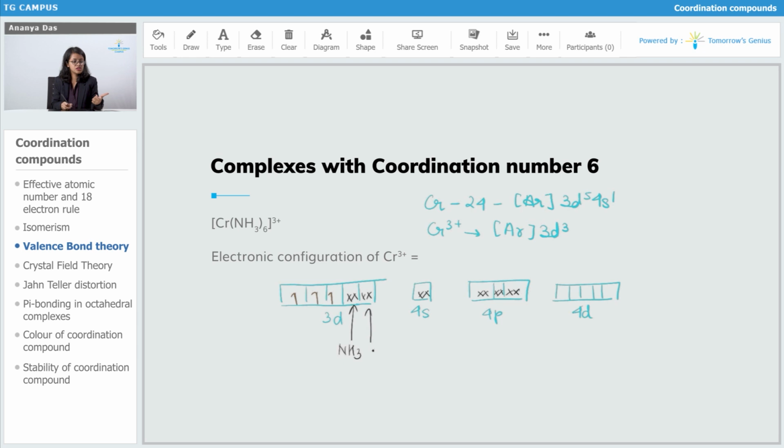So this is NH3, this is also NH3, again NH3, NH3, NH3 and NH3. So again the configuration that we got was d2sp3, which is an inner orbital configuration. Even though there was no pairing of electrons, we still got a d2sp3 configuration.